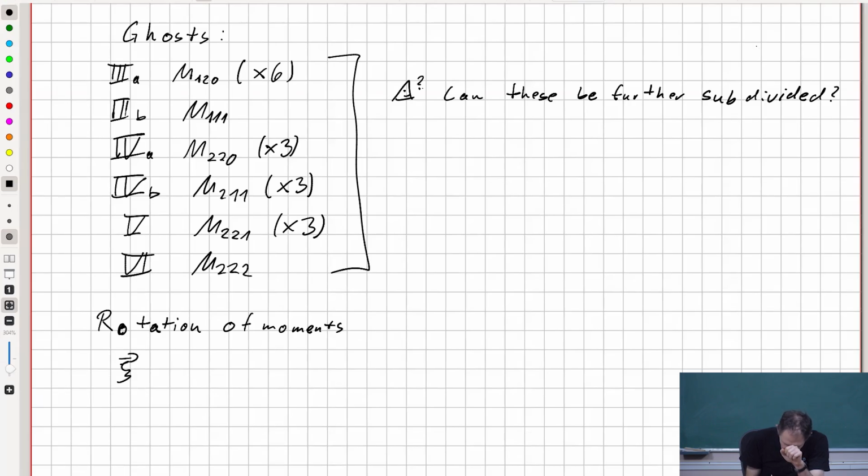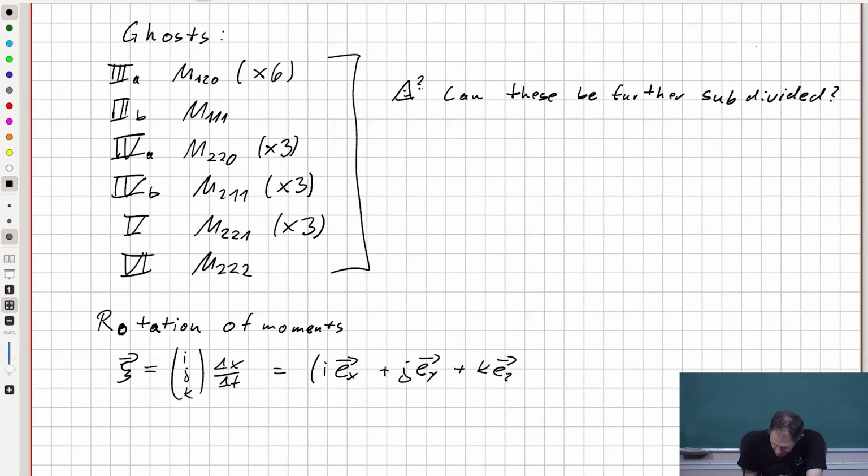And in this, what I mean is, each of the populations has a velocity that we call xi, and they are given by the indices i, j and k, this vector, times delta x divided by delta t. So these are the discrete velocities. We can write this as i unit vector in x plus j unit vector in y plus k unit vector in z, multiplied by delta x and delta t.